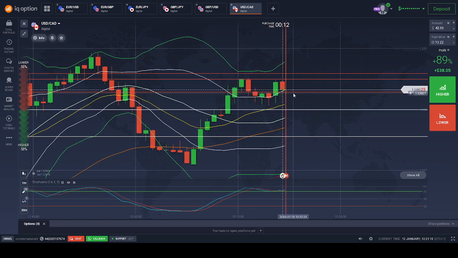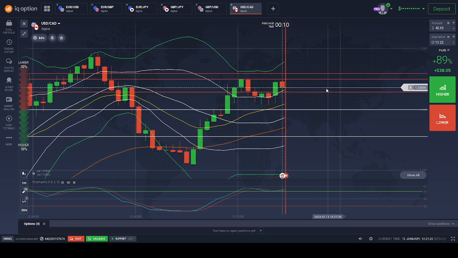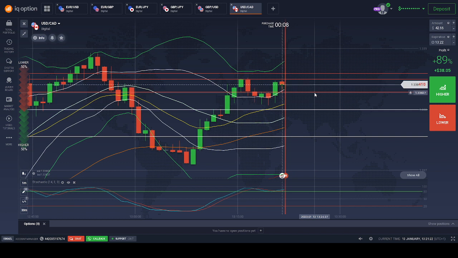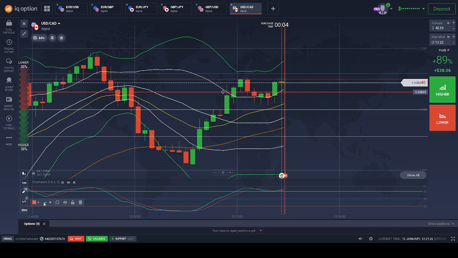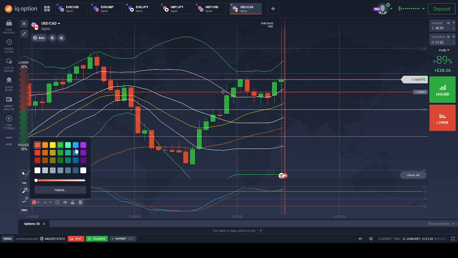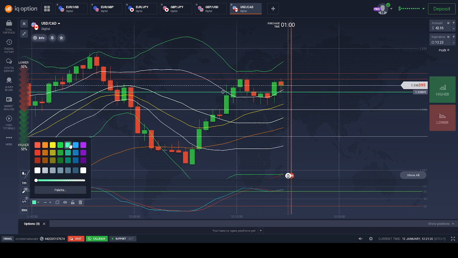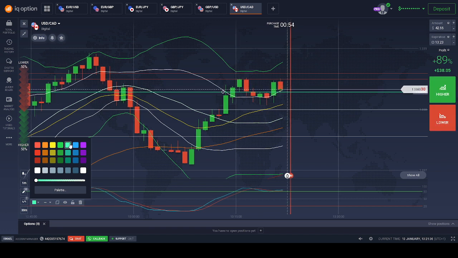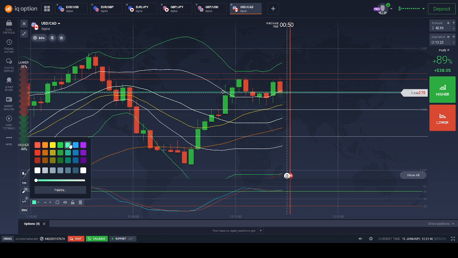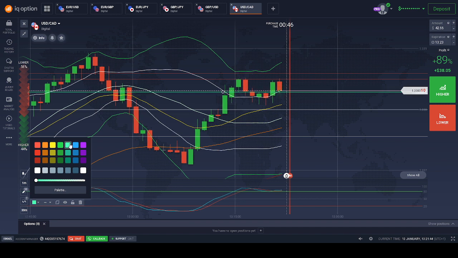So now it became support, I'm sure, after being hit so many times. So this was more of a key level than only a resistance level. The polarity has changed again. Most likely it will now act as support.